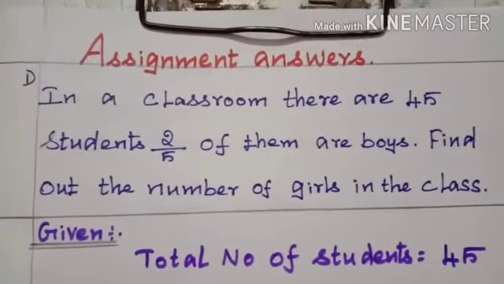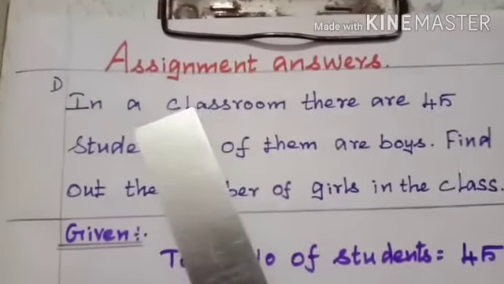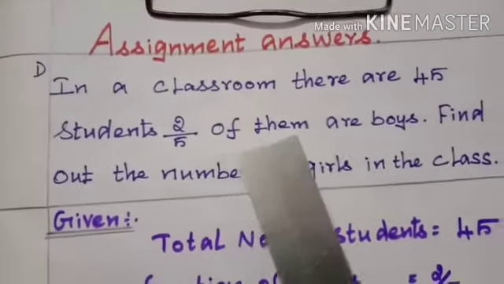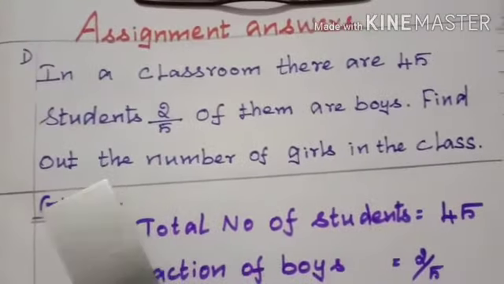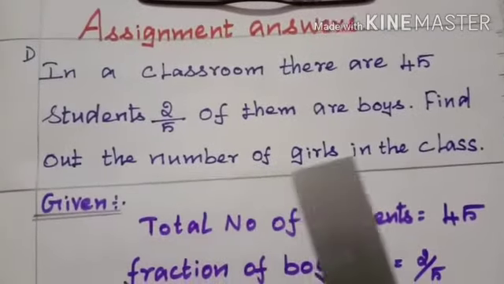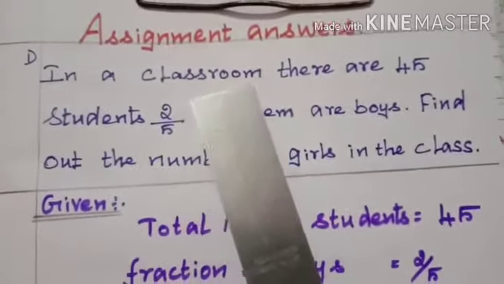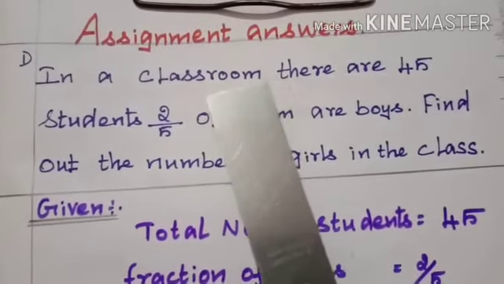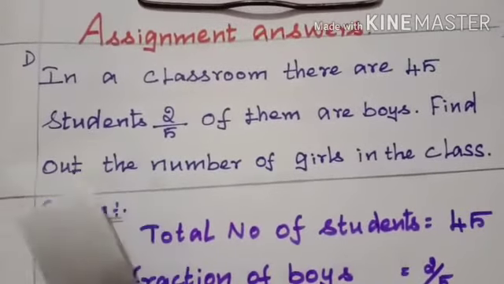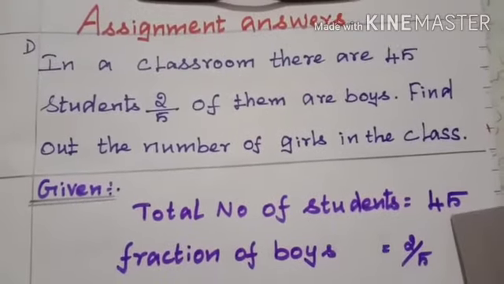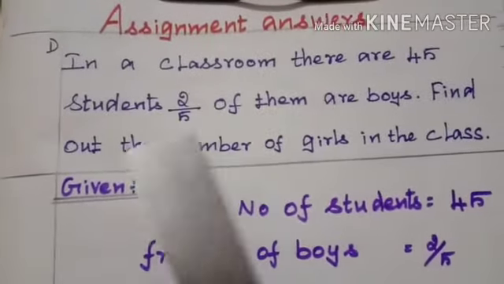Students, check the assignment answers. In a classroom, there are 45 students. 2 by 5 of them are boys. Find out the number of girls in the class. Here, the total number of students is 45. So we write the given total number of students is equal to 45.